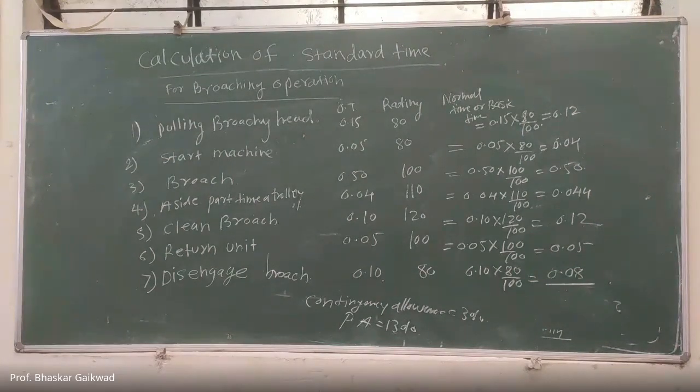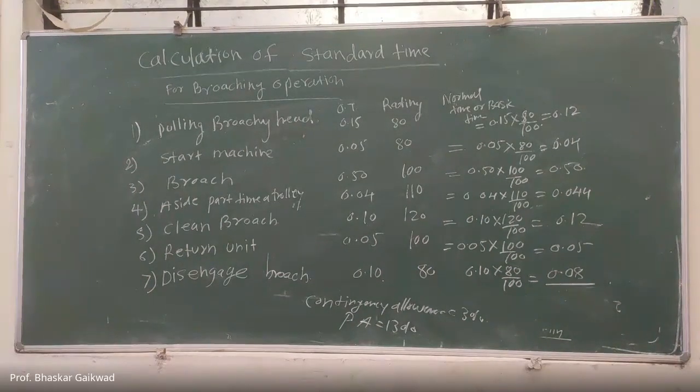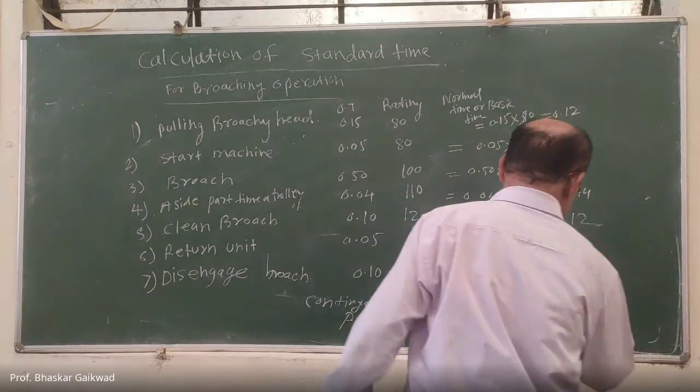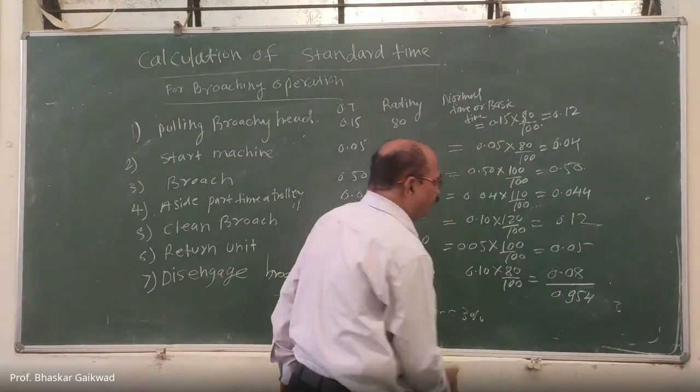Seven readings, seven elements, normal or basic times you have to add. What is the answer? 0.954. Okay, this is the answer.